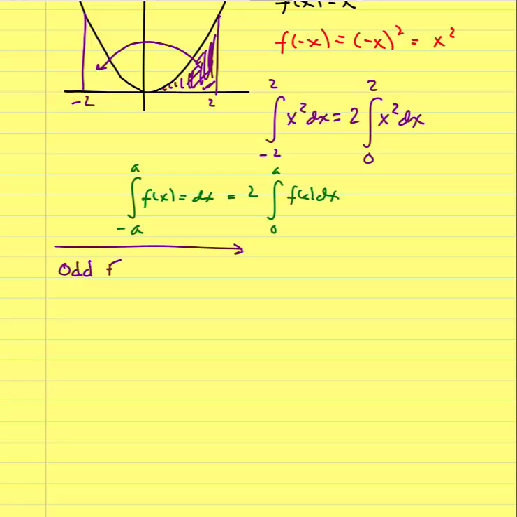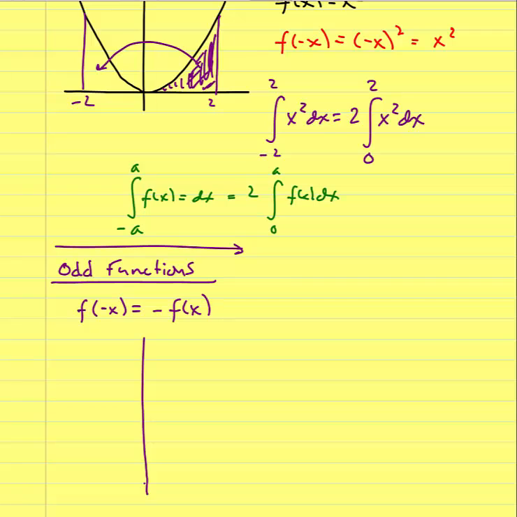Okay, let's go ahead and look at an odd function. Again, an odd function has a particular algebraic characteristic, and for an odd function that would be f of negative x is equal to the negative of f of x. So let's look at a quick picture, and then we'll try to explain what happens here. Actually, you'll see what happens as soon as we try to integrate this. I'm going to choose some pretty simple functions.